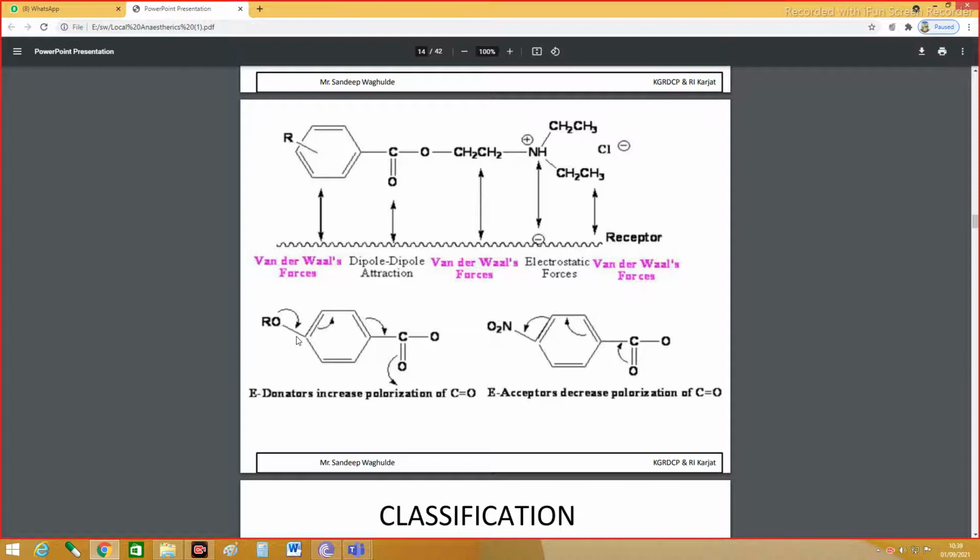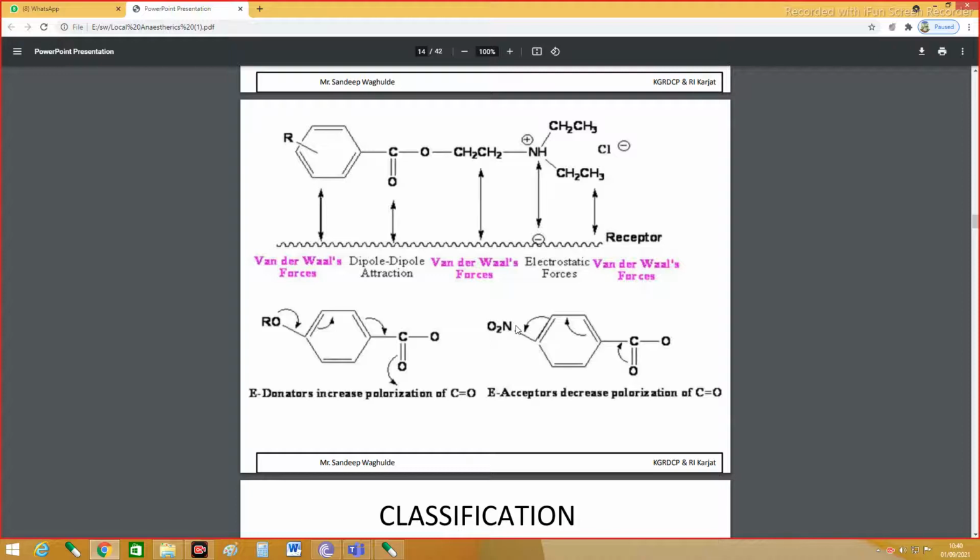This group donates its electron to the ring system, and the ring system provides its electron for stabilization of the carbonyl group, which increases the polarization of the carbonyl group.